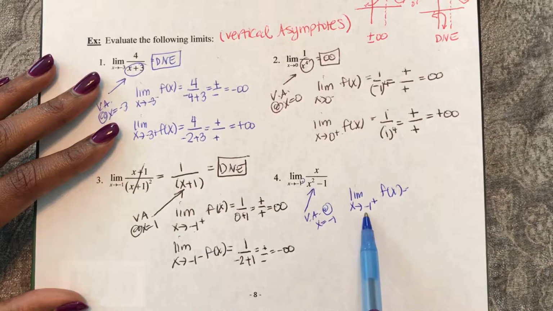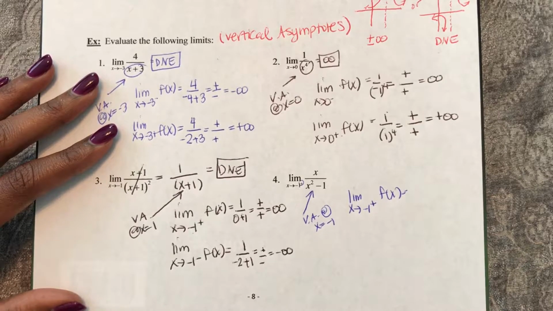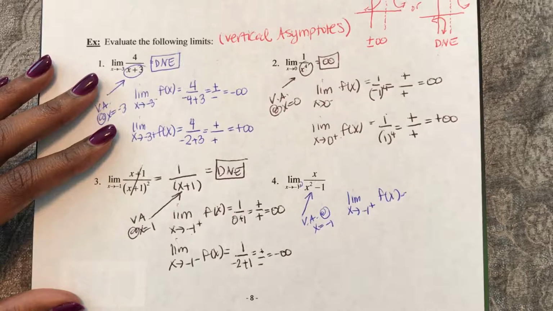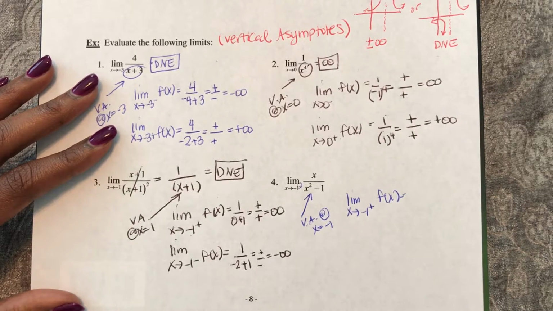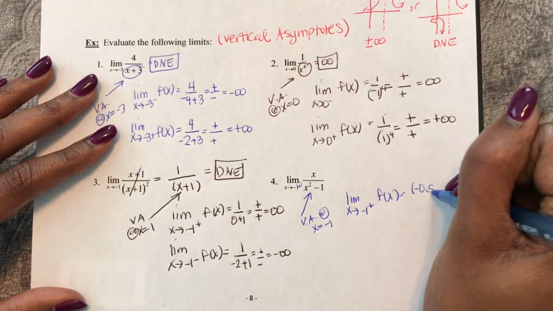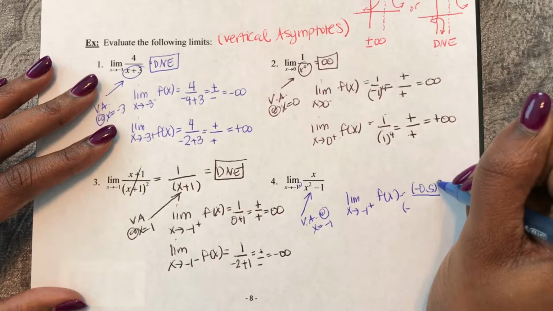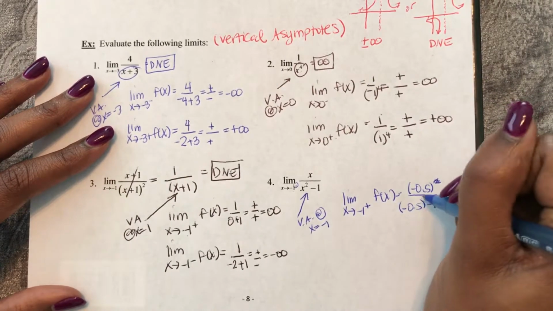Something to the right of -1 would be, let's say, -0.5. So that's -0.5 squared over -0.5 minus 1 squared.